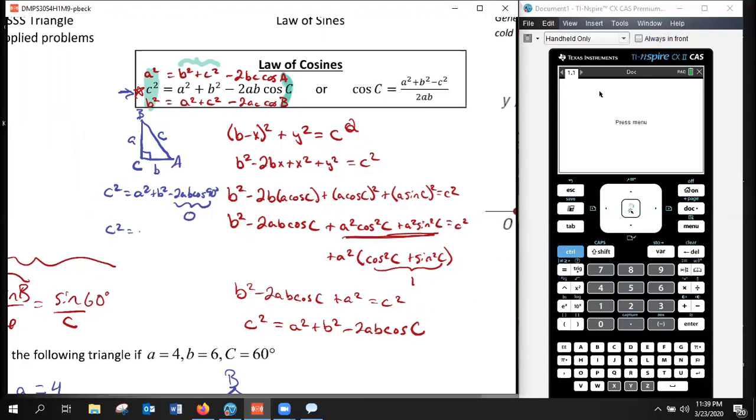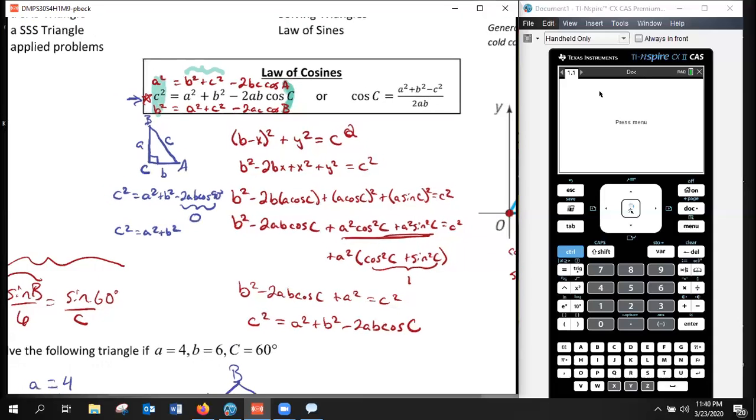So really, we have our Pythagorean theorem that comes out of this if we have a right triangle. So the law of cosines could be used not just for any non-right triangle, but also with a right triangle, where the cosine of 90 degrees is 0.